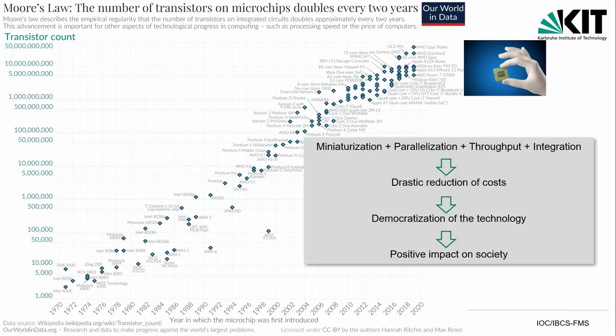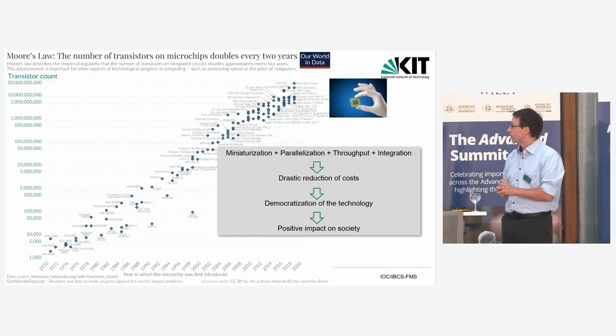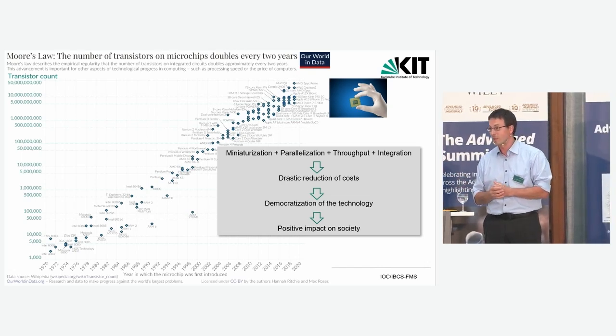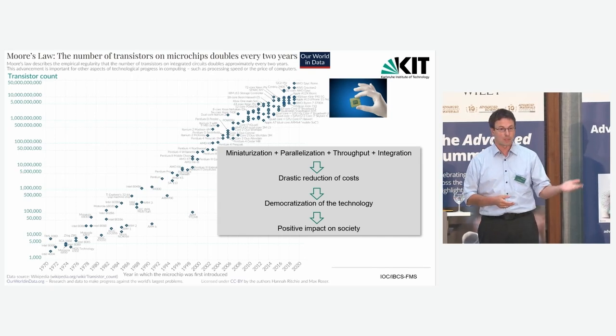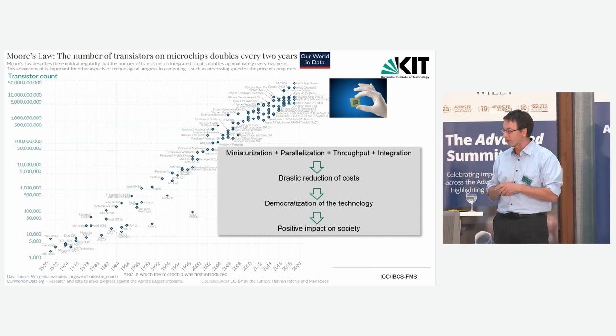And this is basically miniaturization in combination with parallelization, throughput, and integration. This resulted in a drastic reduction of costs of microchips, which in turn led to the democratization of the technology of the microchips, personal computers, which in turn had an extremely positive impact on society, and all of us benefit from it every day by using cell phones, computers, internet, cars, and so on.